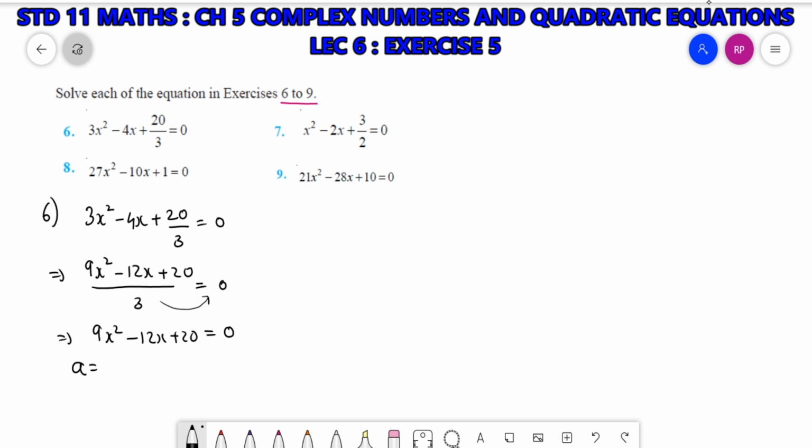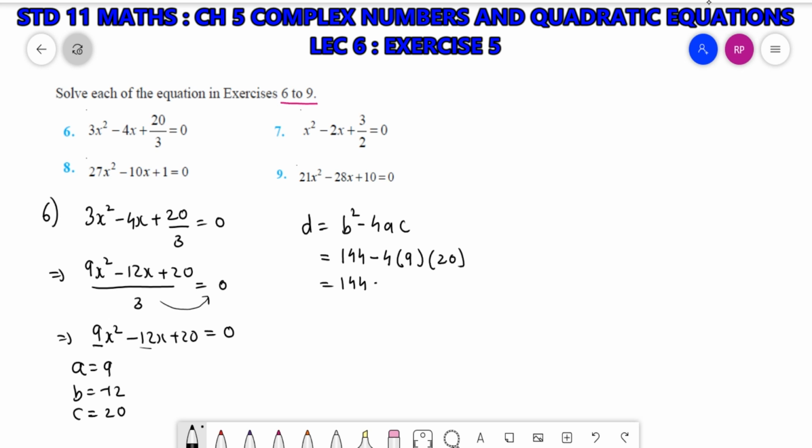So a is 9, b is minus 12 and c is equal to 20. So what is our discriminant? b square minus 4ac. So b square, that is minus 12 square, 144, minus 4 into a 9 into c, that is 20.